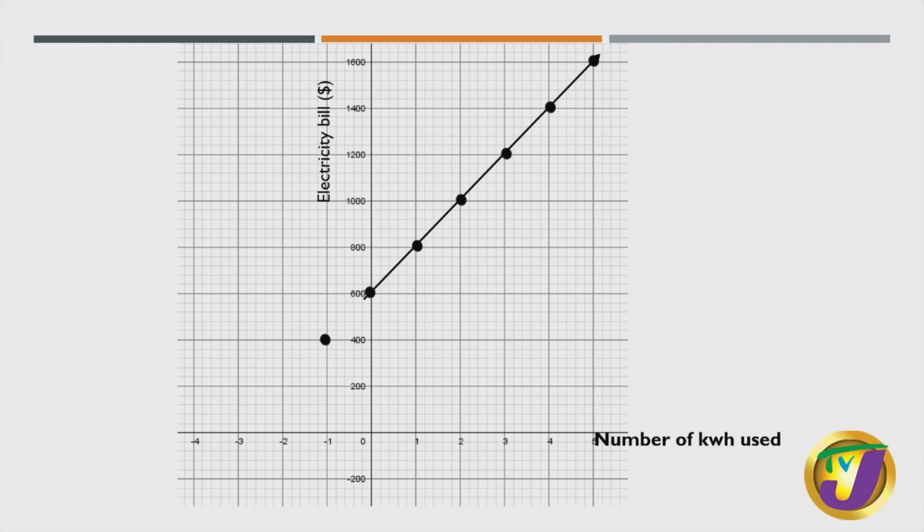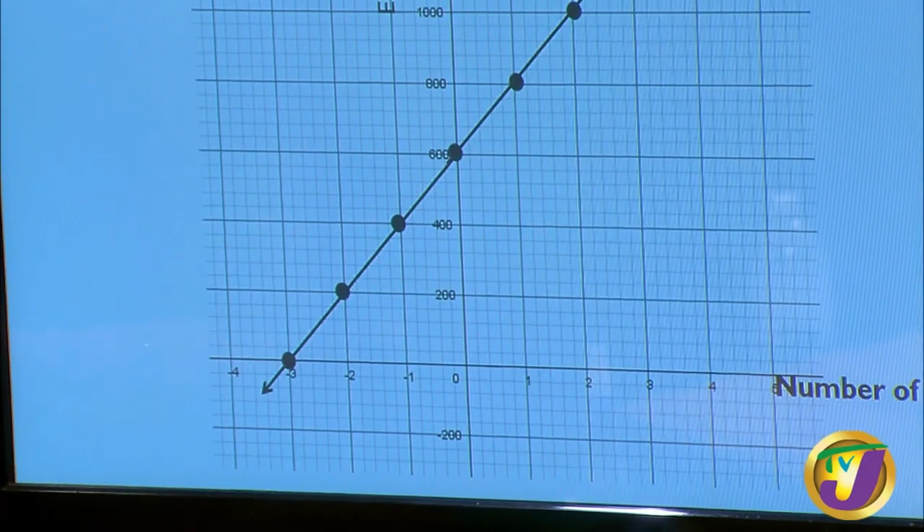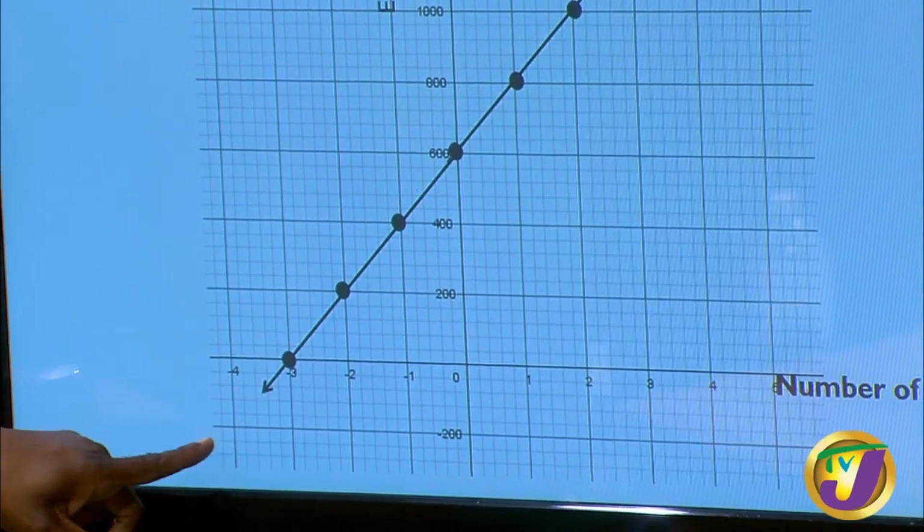Now the point we're making, if you notice, there is an arrowhead on this part. But before you go to that arrowhead, that means if I were to make an excess of 3 kilowatts, I would pay no money. So you mean that this electric company can't owe me some money? That's right.